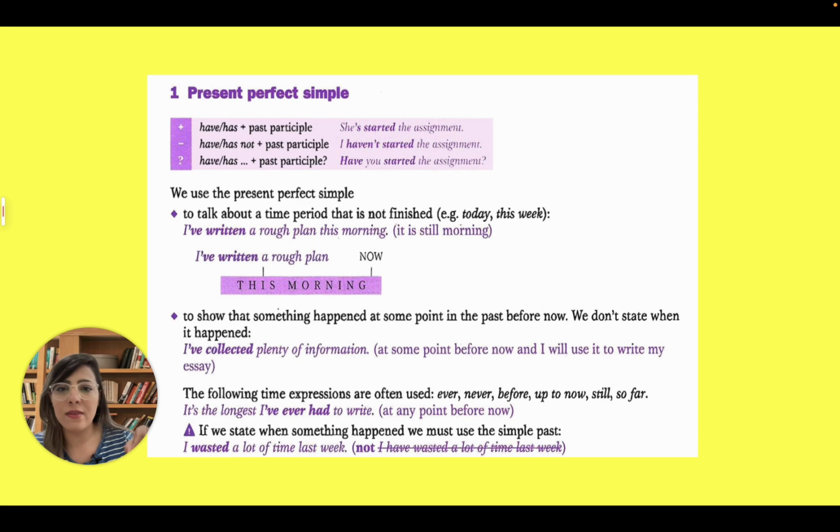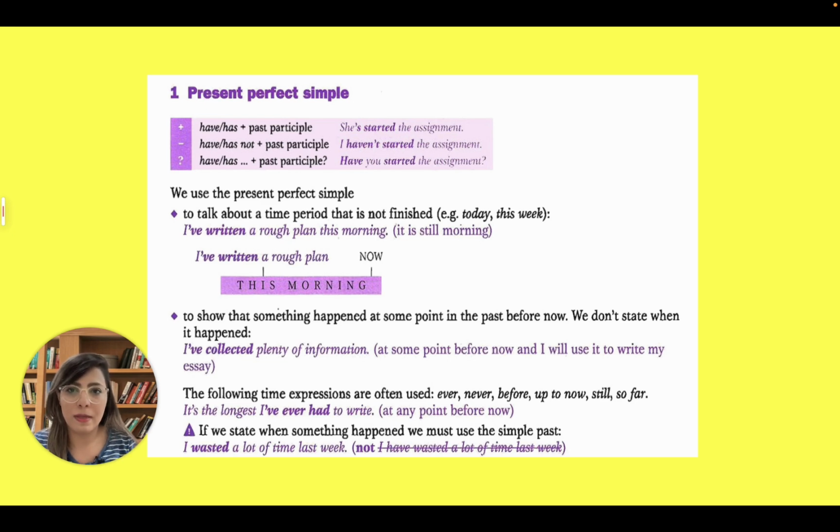Because if it finished, it is related to past, so we use simple past. Like I wrote a rough plan yesterday. Yesterday, or for example, last Monday. So it is finished. But when the time period is not finished, هنوز تموم نشده, we use present perfect.